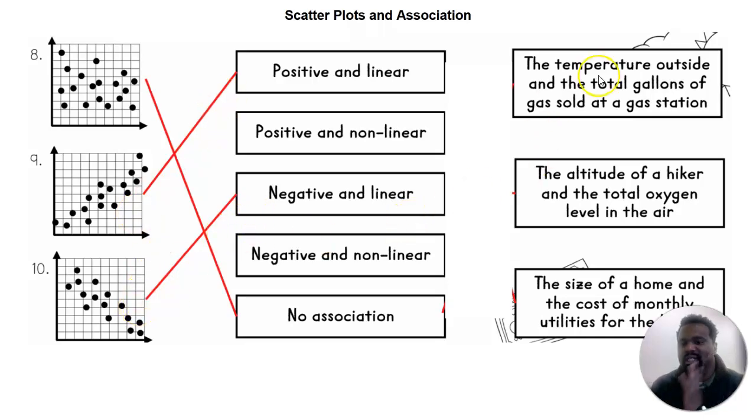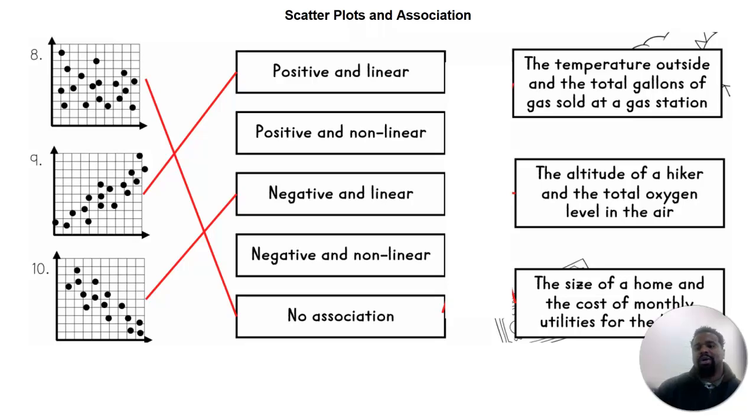Now, let's look at these scenarios to see which will represent what. The temperature outside and the total gallons of gas sold at the gas station. Well, does the temperature have an effect on the amount of gas? You want to think about that. And if it doesn't, that's going to be no association. Let's look at the altitude of a hiker and the total oxygen level in the air.